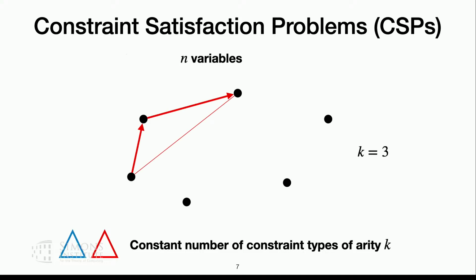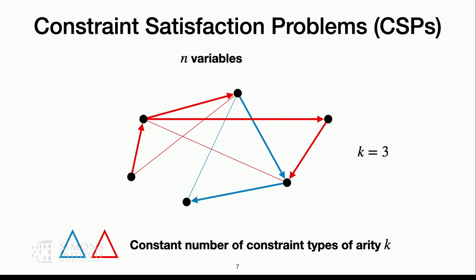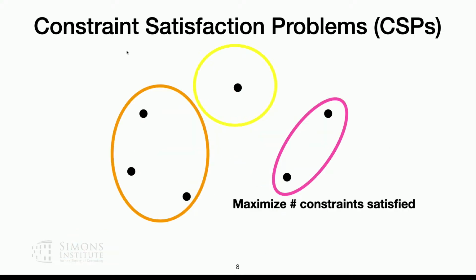Let's say, for example, in this instance, the red constraint applies on these 3 variables, the blue constraint applies like this, and there's another red constraint. Now, the goal is to maximize the number of constraints satisfied by finding some partition of the vertex set.